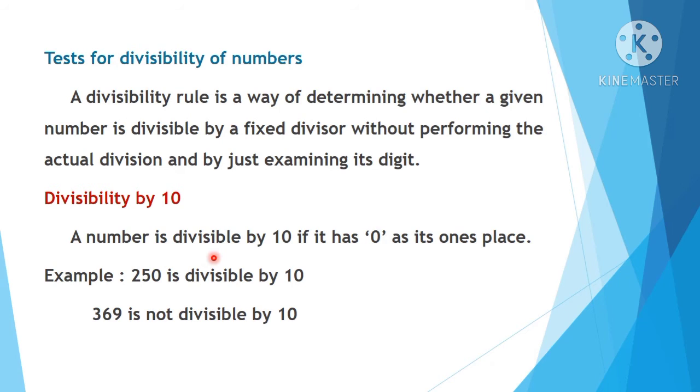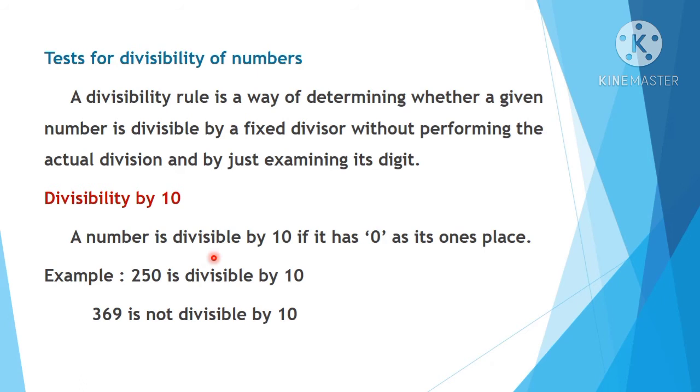It's correct, right? So you don't want to do that division. You don't want to divide and say the answer. Check 250: in the hundreds place you are having 2, in the tens place you are having 5, and in the ones place you are having 0. So we can easily say that 250 is divisible by 10.